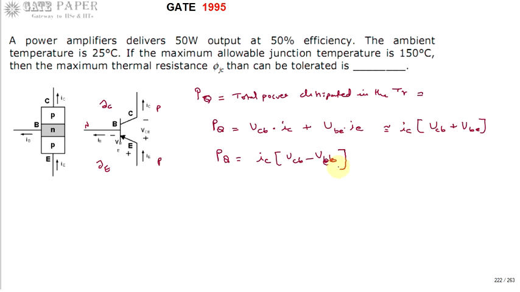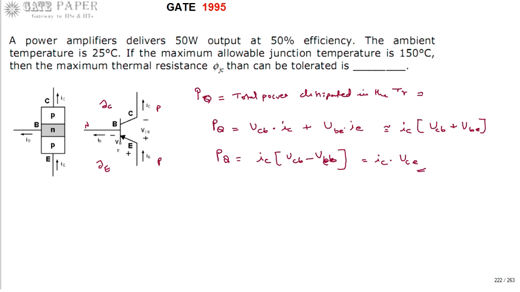I am changing the terminal so that I introduce the negative sign, VEB. So this can be written as IC into VCE. VCE is the voltage from collector to emitter, that is VC minus VE, that is VCB minus VEB. So this is the power dissipated in the transistor by both the junctions.